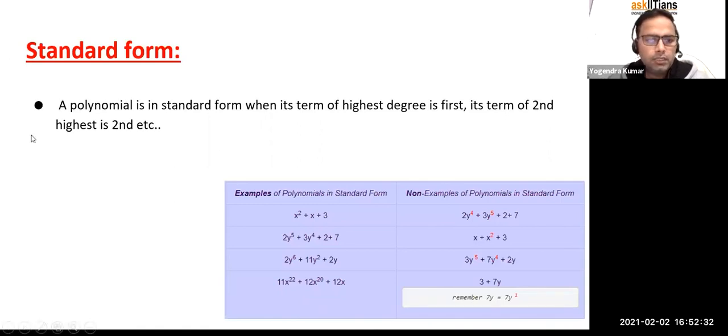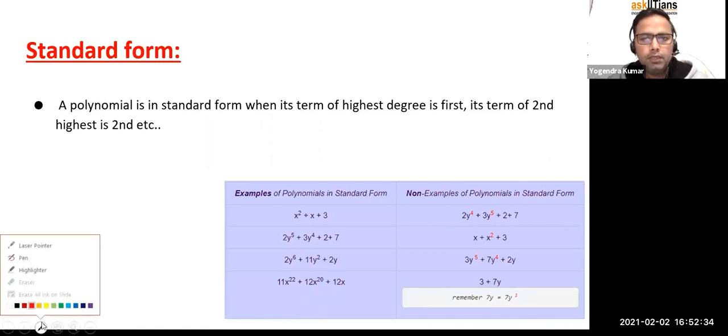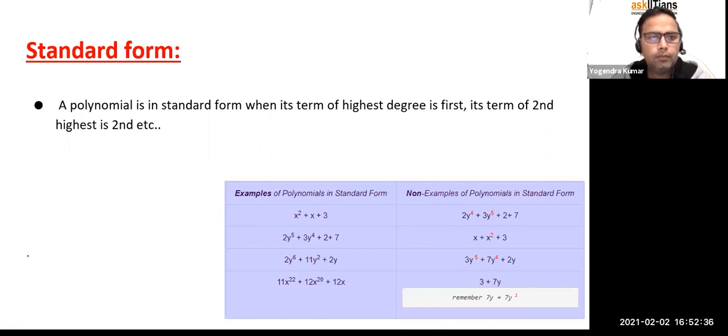So what is basically the standard form of the polynomial? If we write anything like this: a naught x power n plus a1 x power n minus 1 plus a2 x power n minus 2.